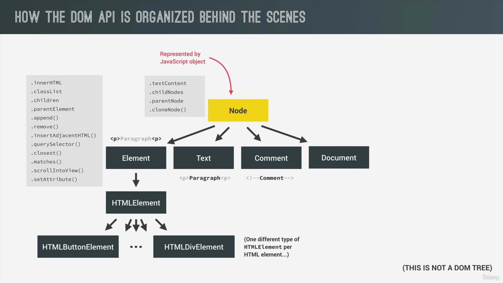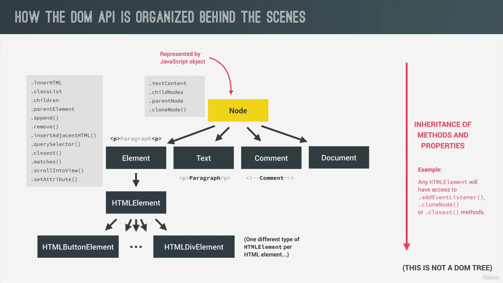Because what makes all of this work is something called inheritance. So what is inheritance? Well, inheritance means that all the child types will also get access to the methods and properties of all their parent node types. For example, an HTML element will get access to everything from the Element type, like innerHTML or classList or all these other methods and properties.